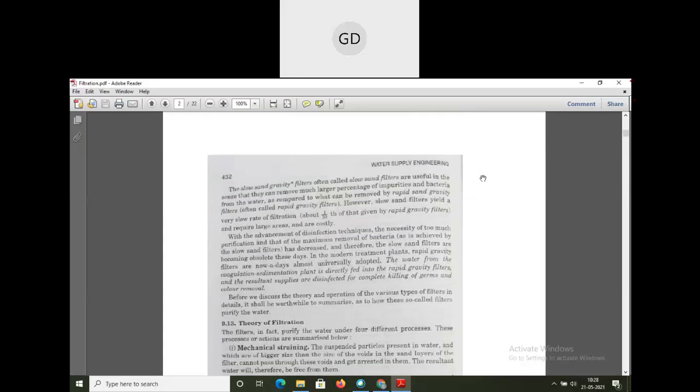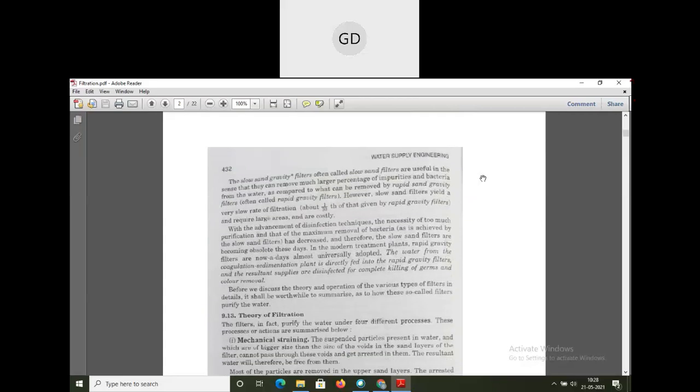Okay, so what about the slow sand gravity filters? Comparing them with rapid sand gravity filters, the slow sand filters have the capability of removing a very large percentage of the impurities and bacteria present in the water.